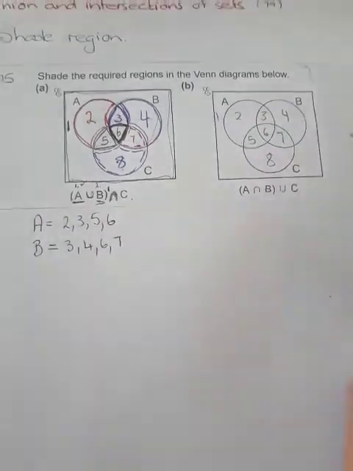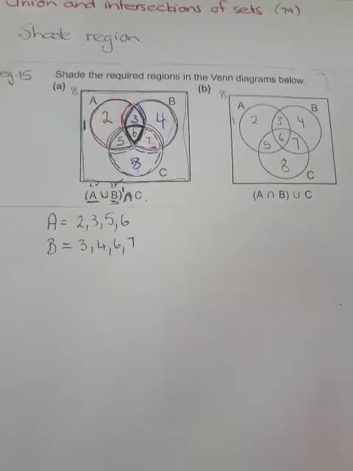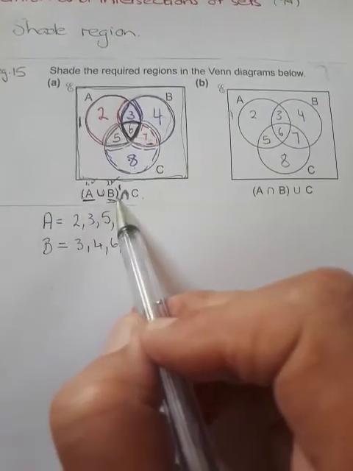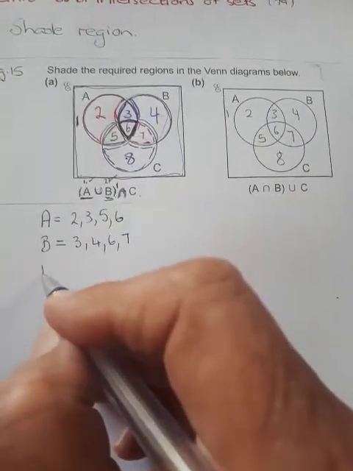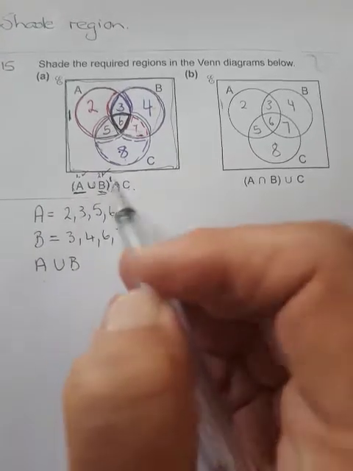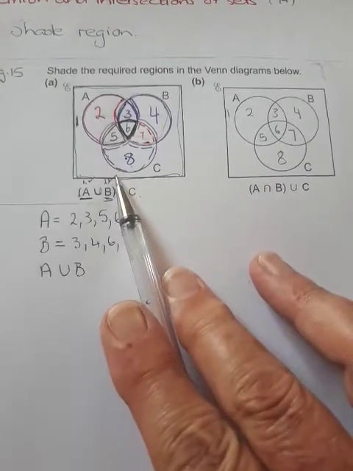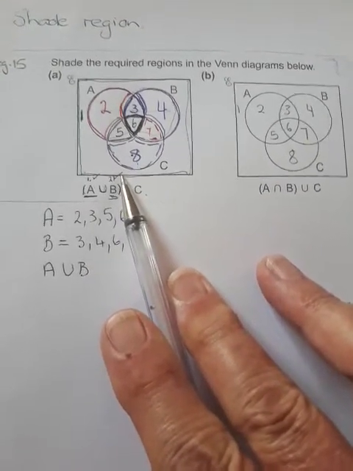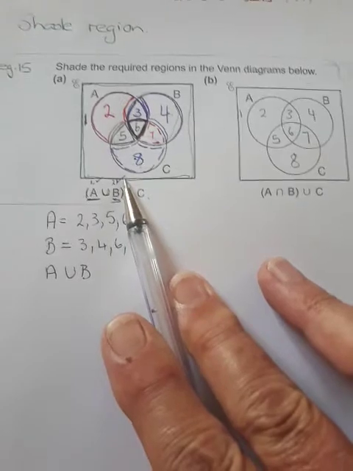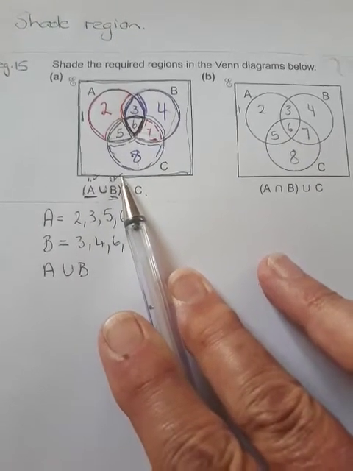The second set is done. Now we're going to do the brackets. You must do A union B. Remember I said when you have a complement, I prefer to first write down the set without the complement, and once I've got that, I then write the complement.